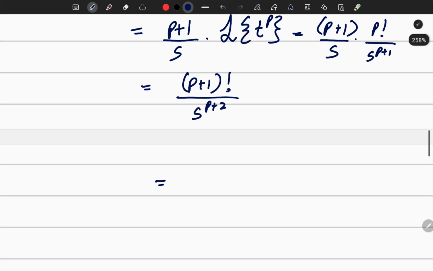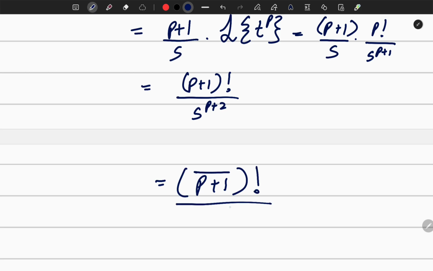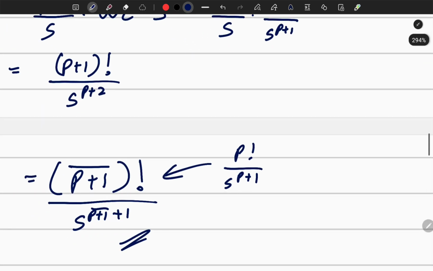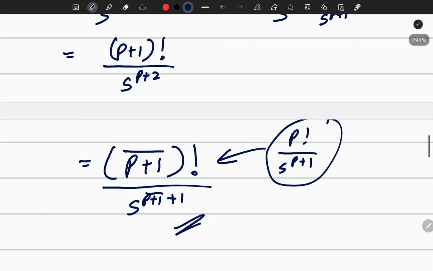Let's rearrange the terms. Let's consider p plus 1 as a single term, p plus 1 plus 1, right? Isn't this also in the n factorial over s to the n plus 1 format? It's in this format, right?